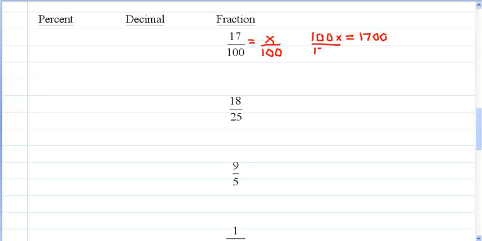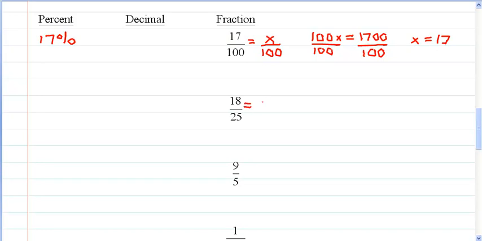When I divide both sides by 100, I get x is equal to 17. So as a percent, 17 out of 100 is 17%. If you can just look at this and see that it has to be 17% because it's already out of 100, that's fine. I showed you the long way because this is how I'll do the remaining problems.